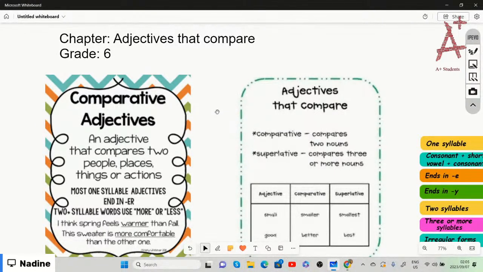Most of the one syllable adjectives, right, will end in er, or if we have a word with two syllables, we use more or less. An example of that is, I think spring feels warmer than fall.